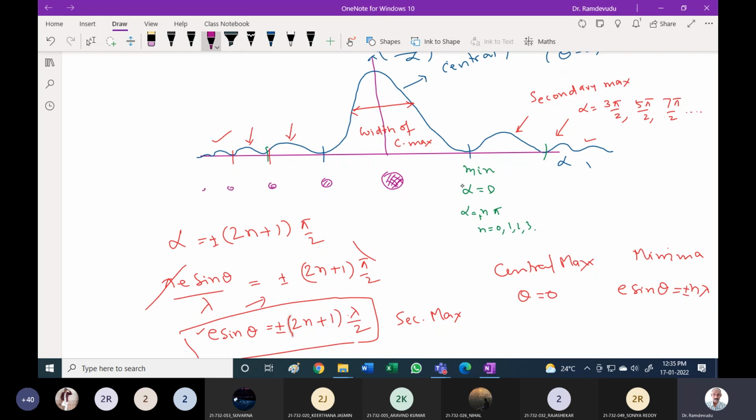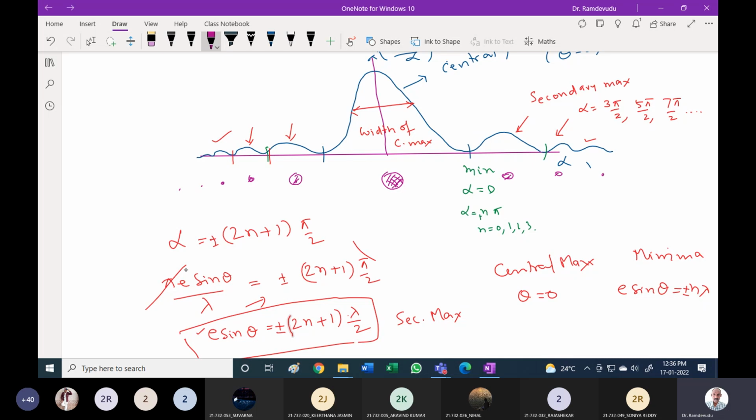Likewise, you have seen the maxima and minima. So we get the secondary maxima at positions like this, with little intensity, further little intensity, and here also intensity goes like this.